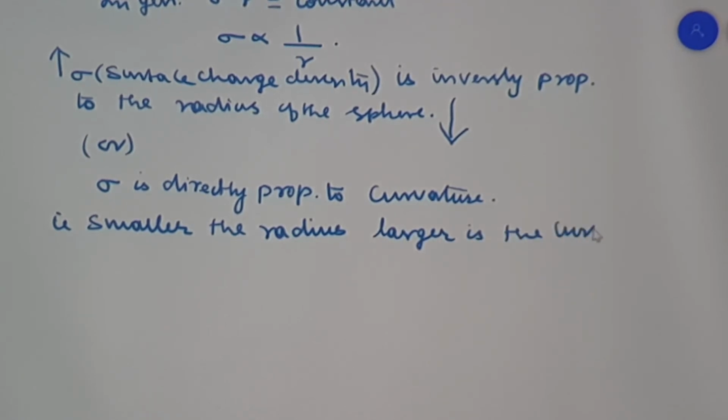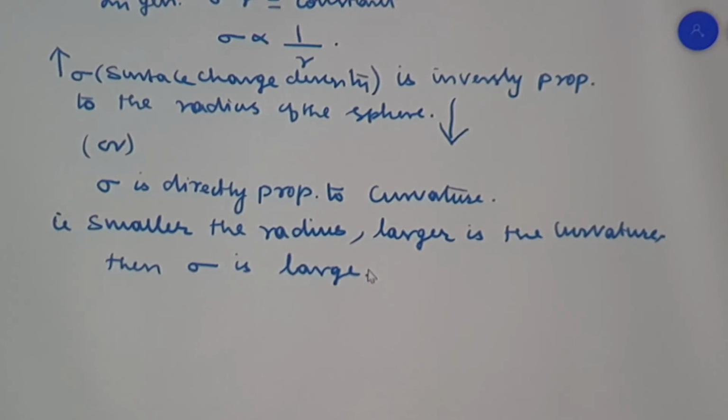When you are considering a cone, at the sharp end the curvature is higher, but the radius of curvature is less. So we can say smaller the radius, larger is the curvature, then surface charge density sigma is considered to be what? Surface charge density sigma is considered to be large.